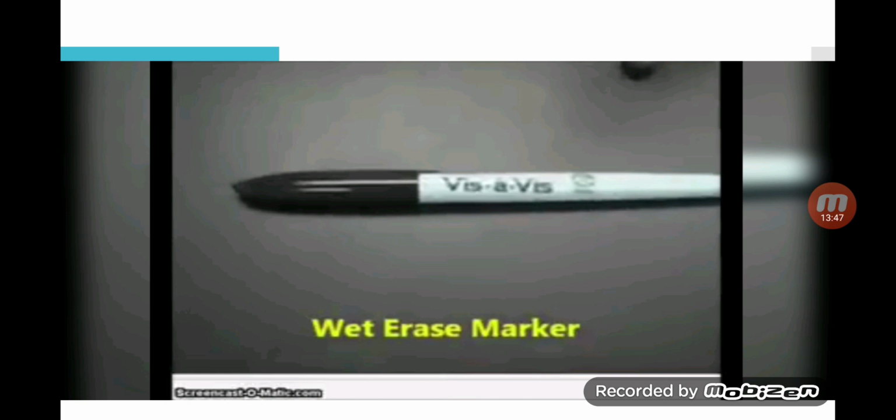After a few minutes you will see the color particles moving from down to upward, and there are different color particles, and you can find out how many color particles are there in that particular color. So my dear students, I think you are able to understand what chromatography is and why the chromatography process is used. So thank you, have a nice day.